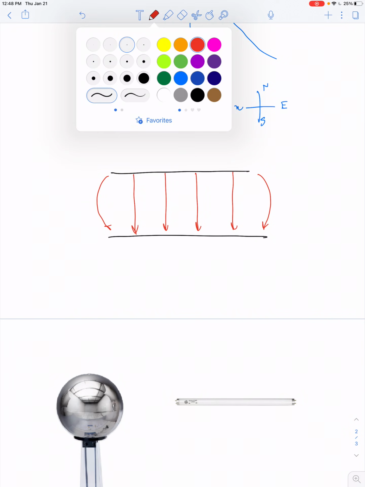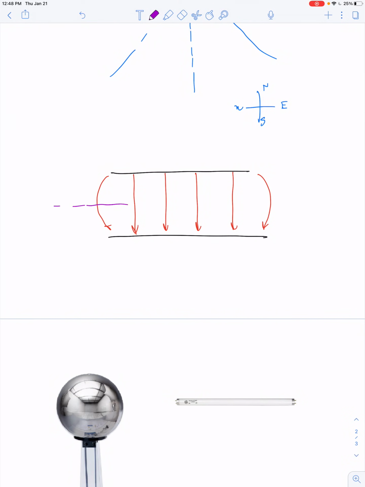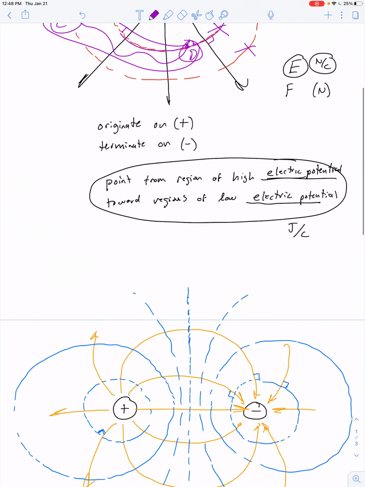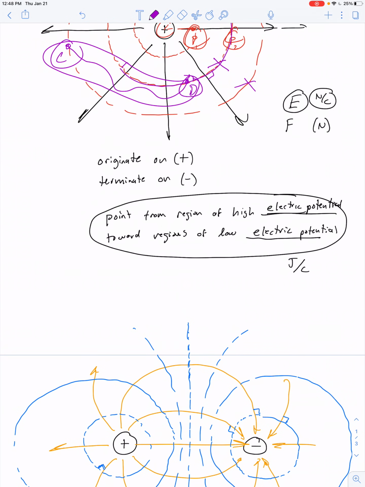So the lines of equipotential would look something like this. Okay, so keep this in mind as you think about the direction of electric field lines. It's true that they originate on positive and terminate on negative, but that's interchangeable with this statement about electric potential.